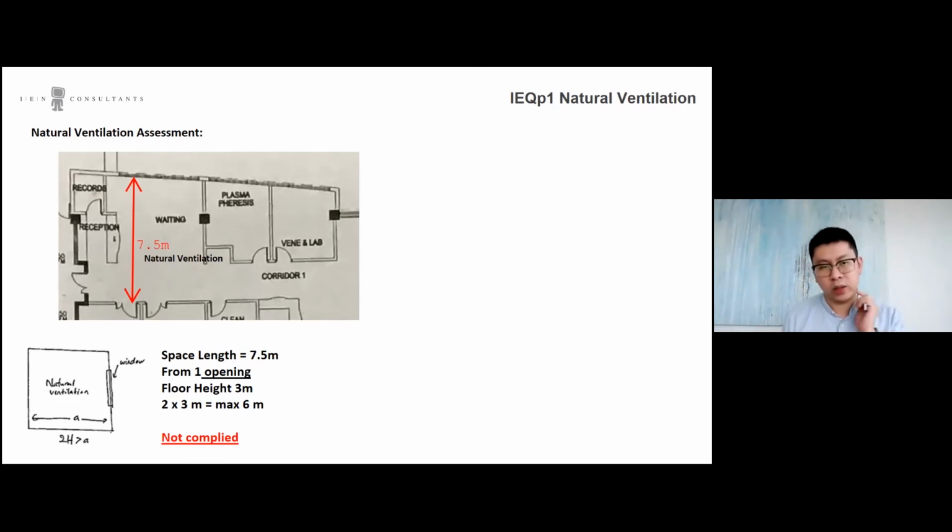What we can do, let's say all these rooms have fresh air duct supplying that area, is modify by pulling the OA duct into some of the area over here. We can deem this area as a mechanically ventilated area supplied by OA, and this area is a natural ventilation area, so reducing that 7.5 to maximum 6.